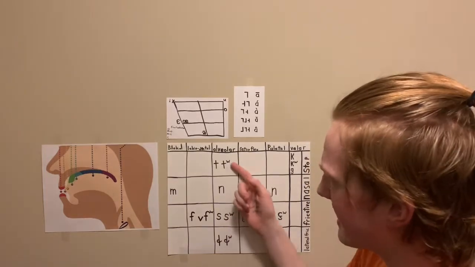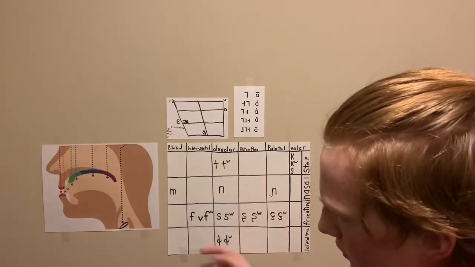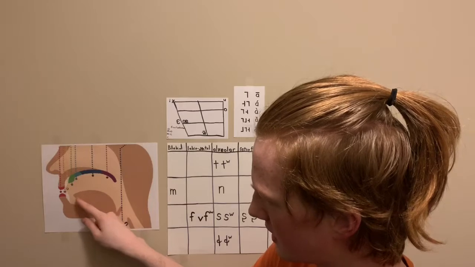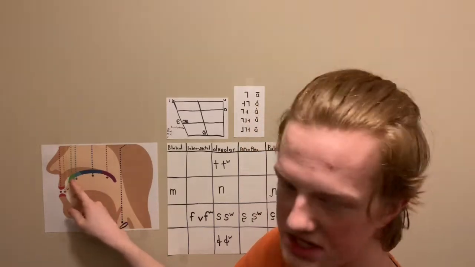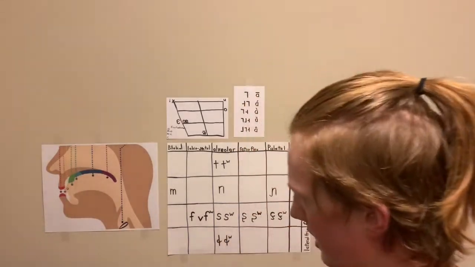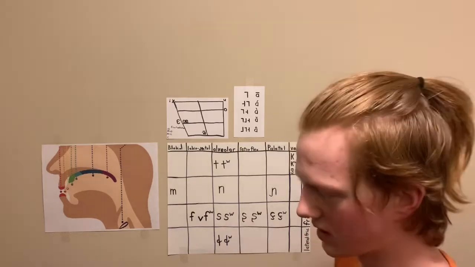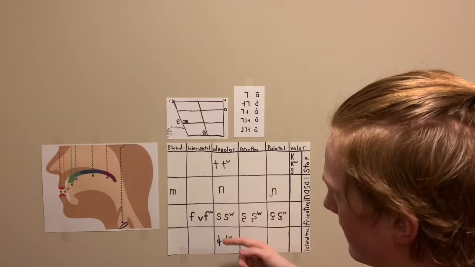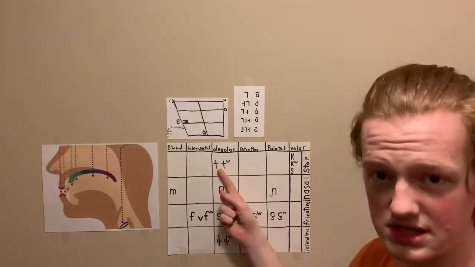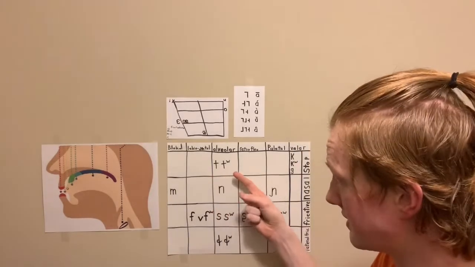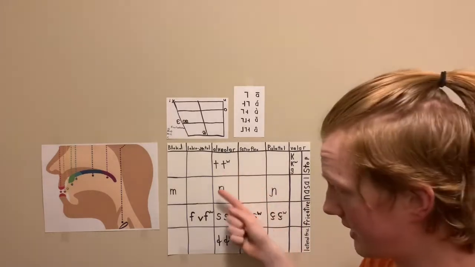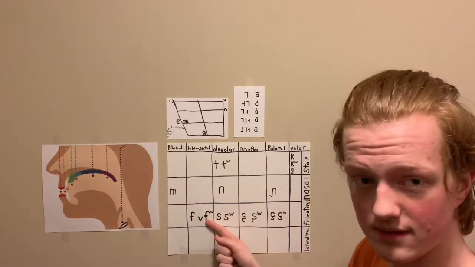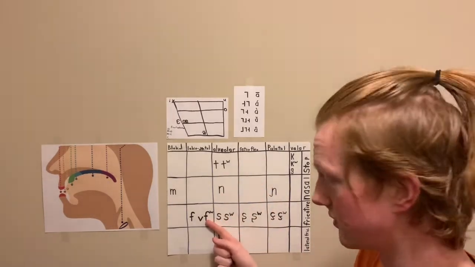Next, we go into the alveolar consonants, which are formed when the tongue is pressed onto this alveolar ridge here just above the teeth. Of course, we have many different alveolar consonants in English, like ta, na, and sa. So obviously there's the ta and, of course, the labialized twa, like in this labialized labiodental fricative.